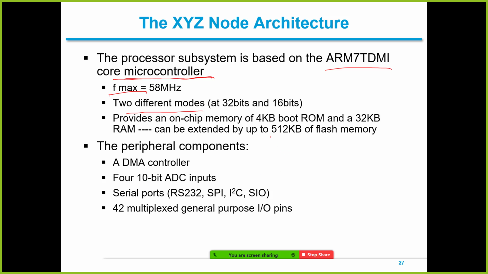And the capacities of the memory, peripheral components, DMA controller, 4 10-bit ADC, ports, SPI, I2C, SIO, RS-232. RS-232 is also a serial communication interface or protocol, and also general purpose IOs.